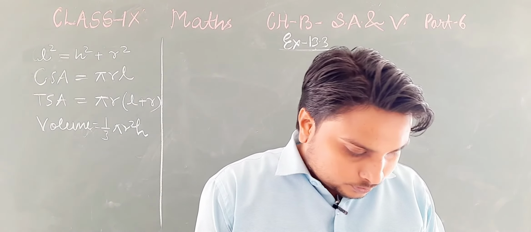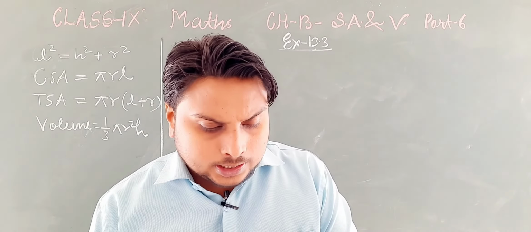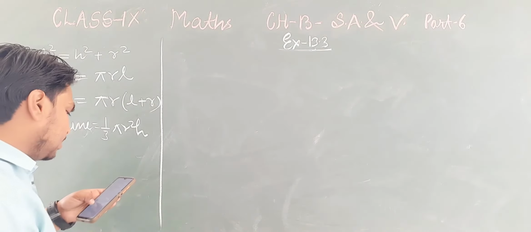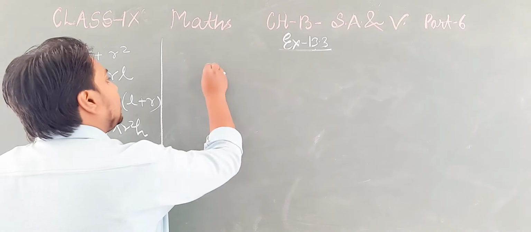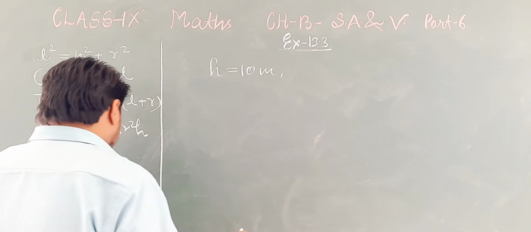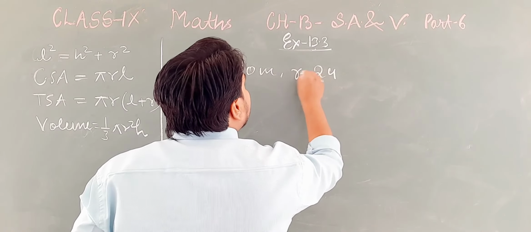Question number 4. Question number 4 is what? A conical tent is 10 meter high and the radius of the base is 24 meter. R is given, 24 meter.